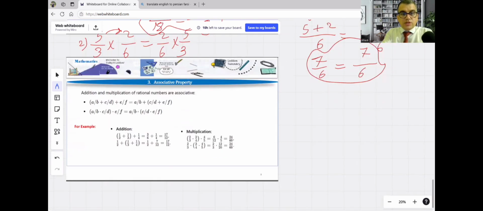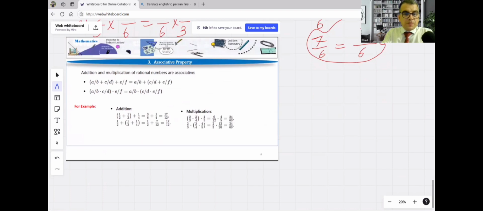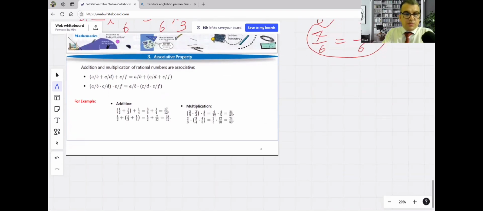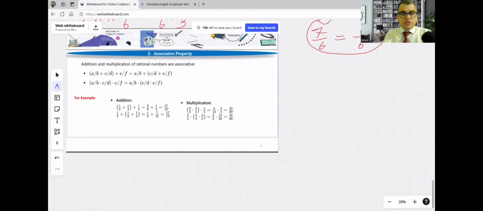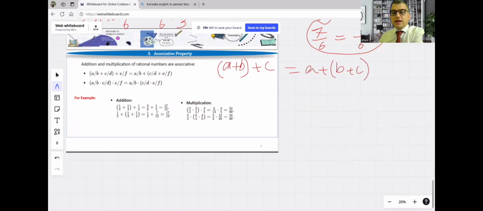So the third one is called the associative property. As we have in whole numbers, if we have a plus b, then plus c, it is equal to a plus b plus c. You can apply this property to rational numbers as well.